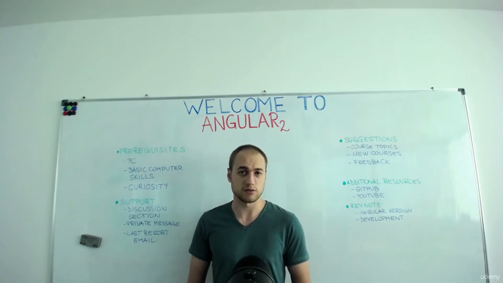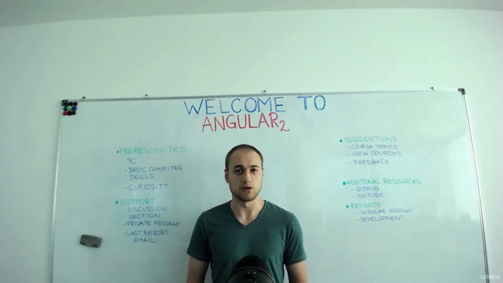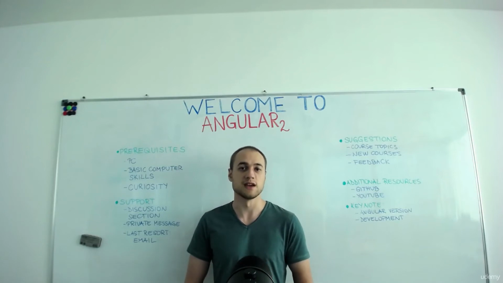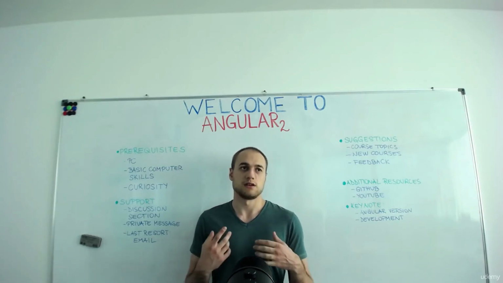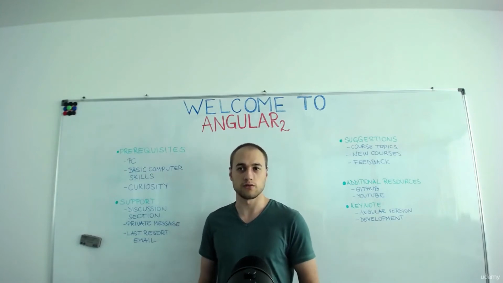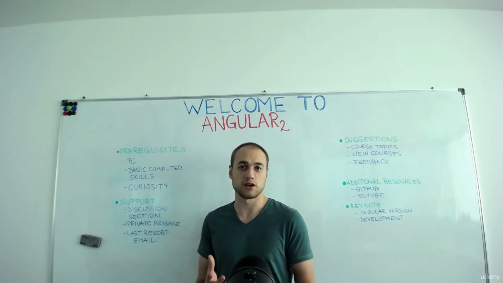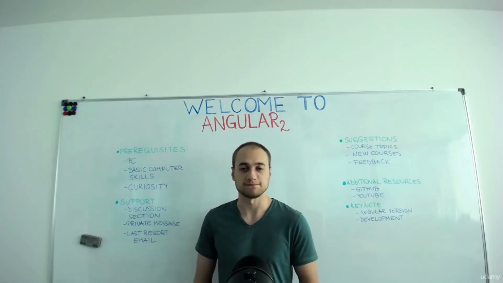Not everything is going to be perfect, not everything is going to work out the way you want it to. When you code, it's perfectly natural to have errors, bugs, problems, etc. So just have the will and the curiosity to persevere, to endure. We offer tech support, and we support all of our students with all of the courses, and we strive to help them out in any way that we can.